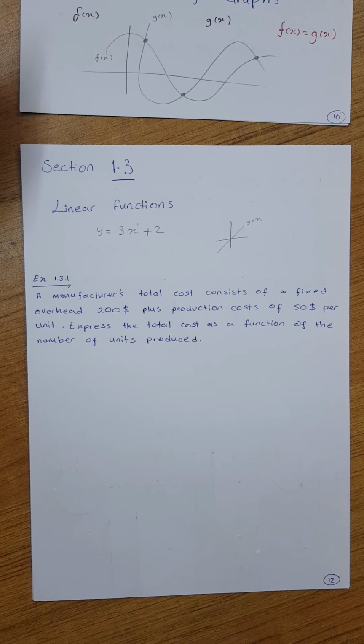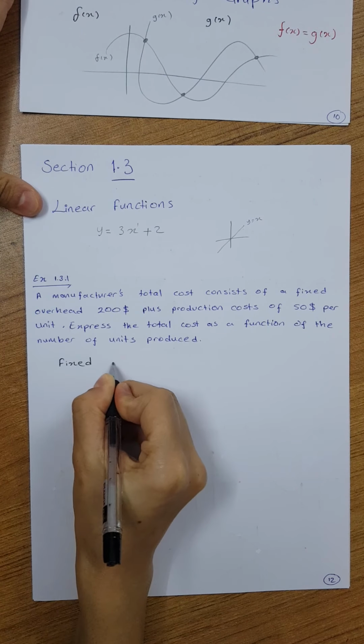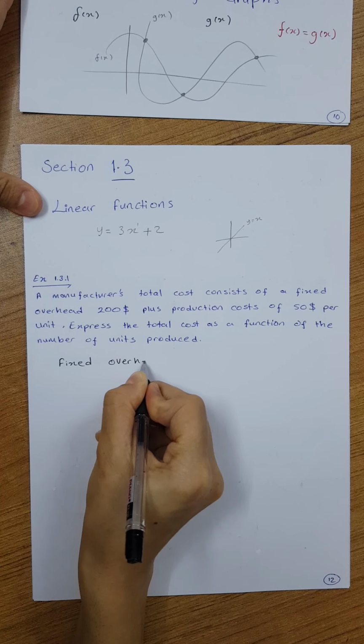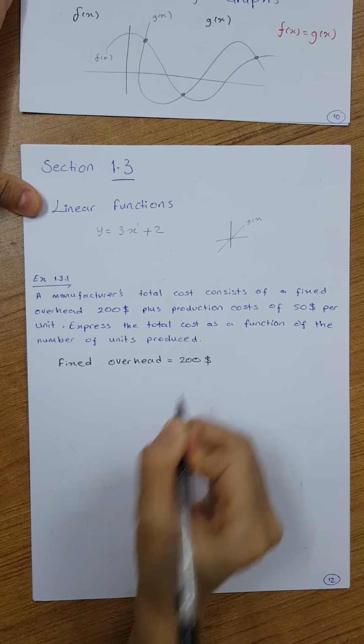It says a manufacturer's total cost consists of a fixed overhead of $200. So what do we have? We have got a fixed overhead, and it's equal to $200.